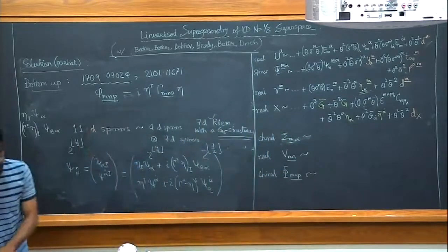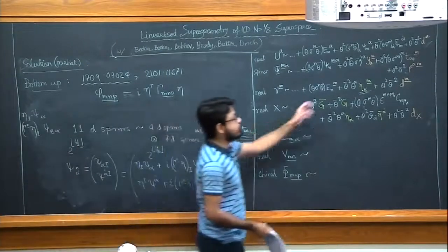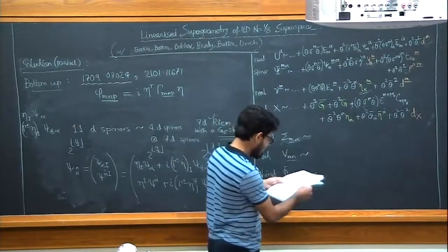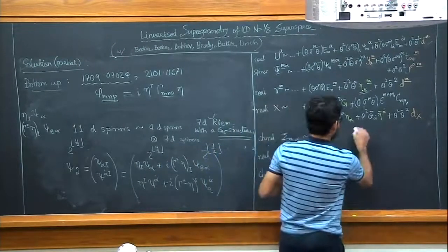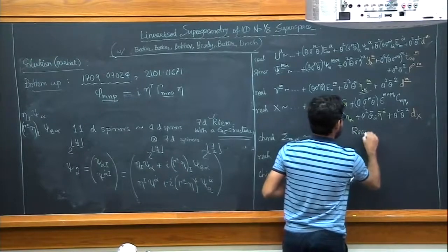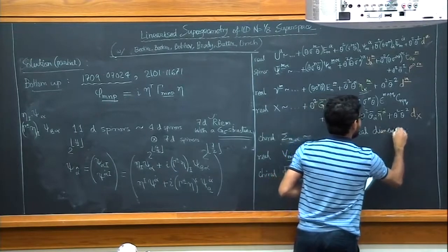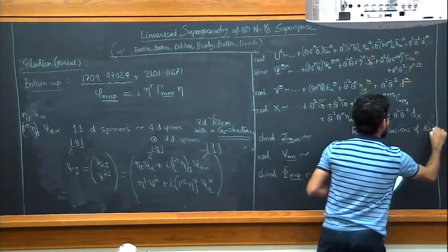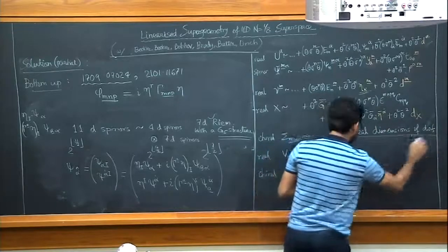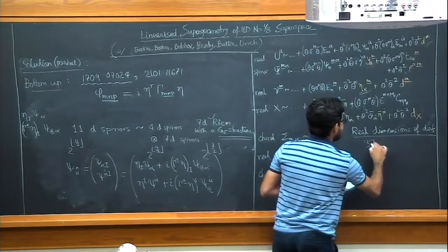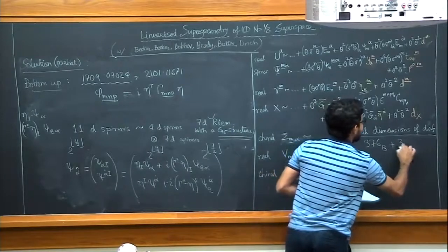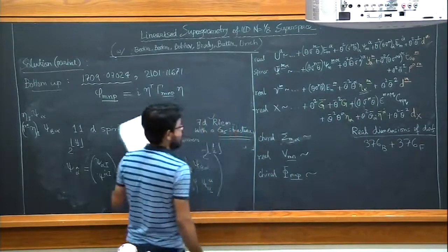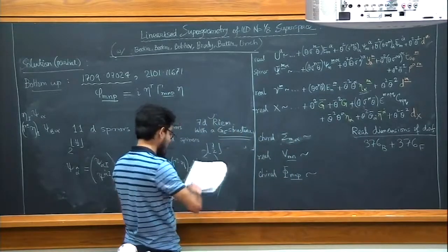And if you do a counting of how many degrees of freedom we are encoding in these superfields, you see that the total counting is this. So if you count the real degrees of freedom, you see that there are 376 bosonic ones and 376 fermionic ones. There was a mismatch by how much again? Let me remember the numbers.